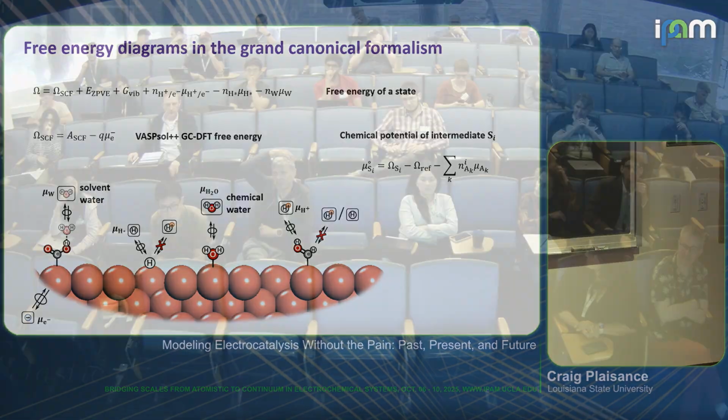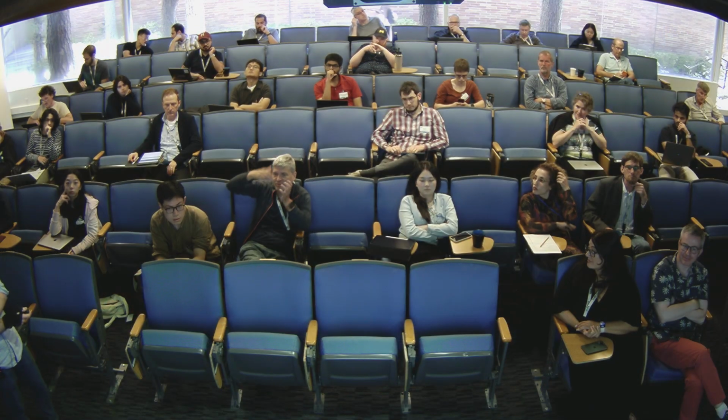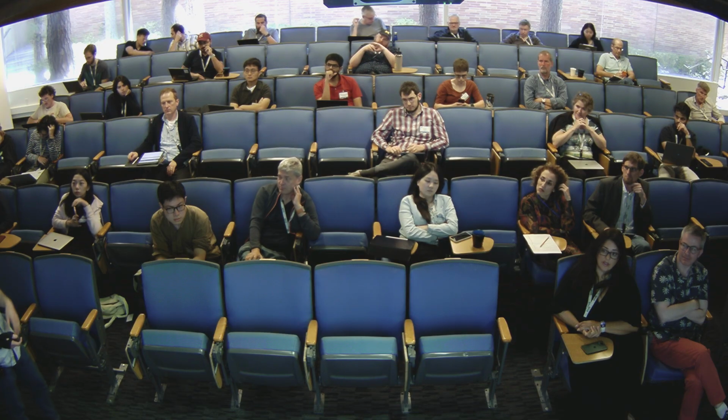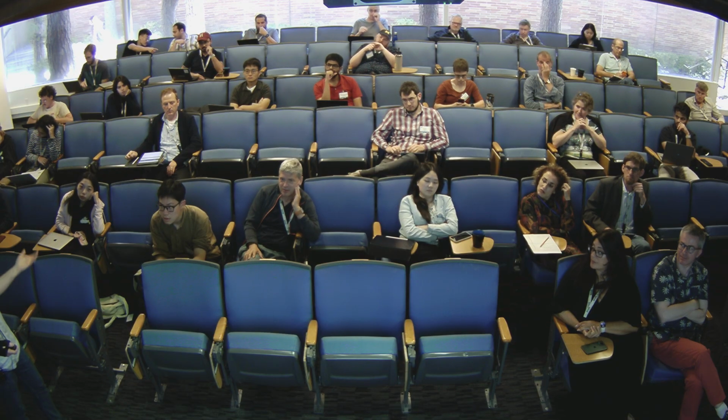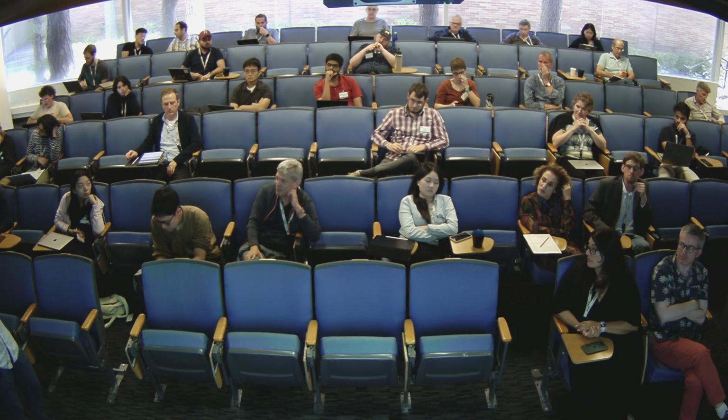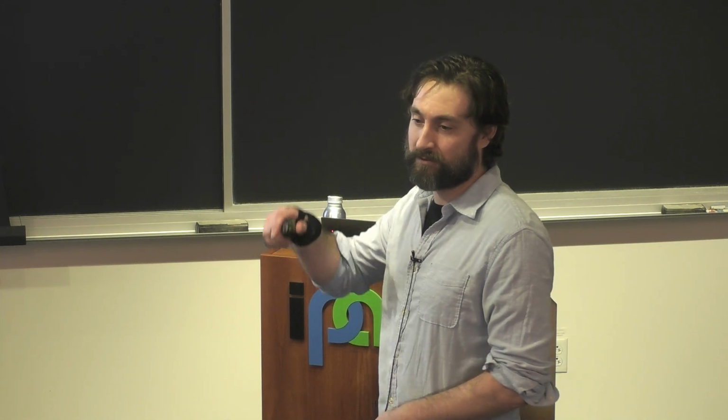So why do you call this chemical potential? It should be something like a formation energy, right? Yeah, it's the same thing. I mean, in thermo, it's the formation energy. I would not call it a chemical potential. Technically, it's the change in the free energy when you add that adsorbate to the surface or intermediate. So it would be the chemical potential needed in order to make this formation happen.